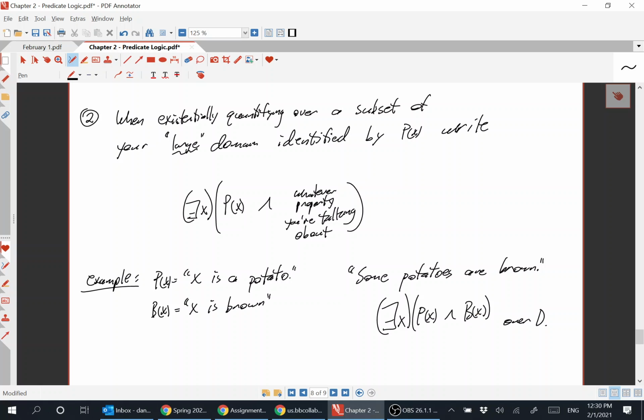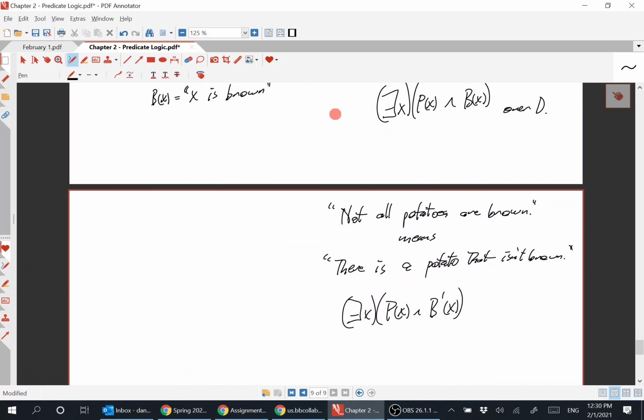Now, not all potatoes are brown. The negation of universal quantification is existential quantification. Not all potatoes are brown, in other words, some potatoes aren't brown, or there is a potato that isn't brown. It looks like this. We'll talk more about how you negate quantifiers later.